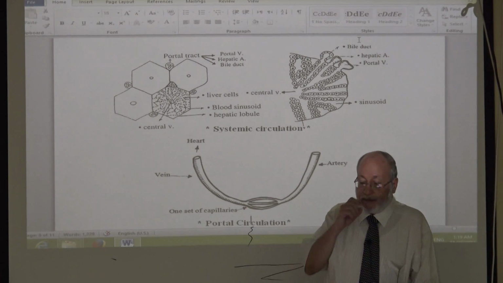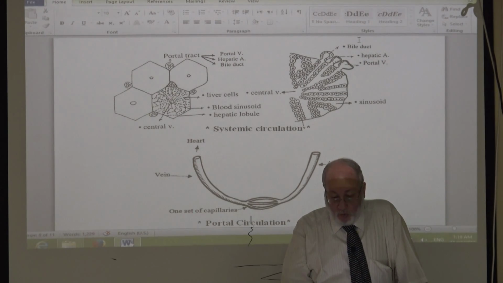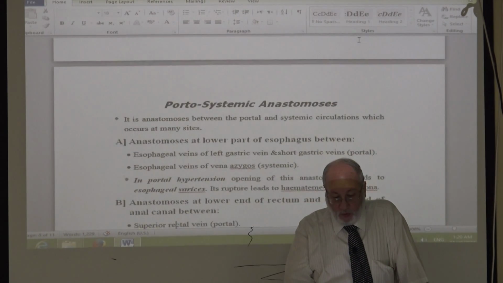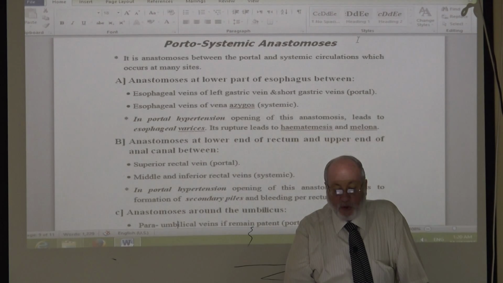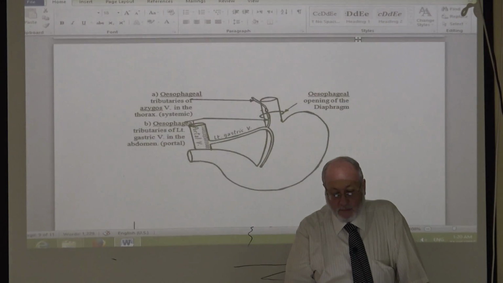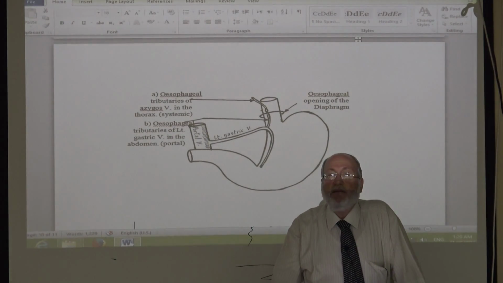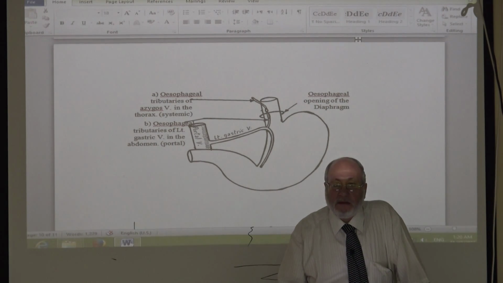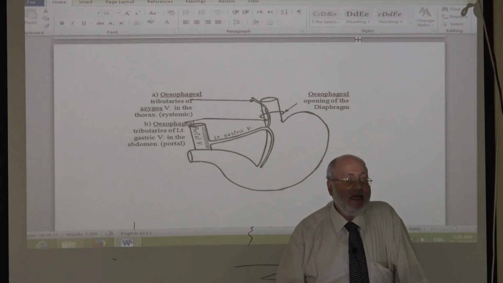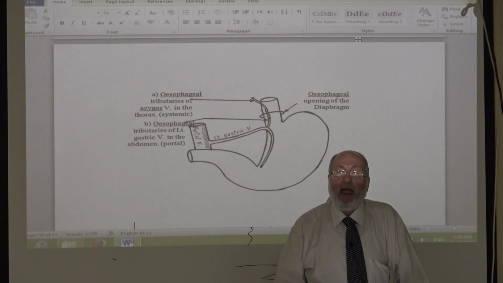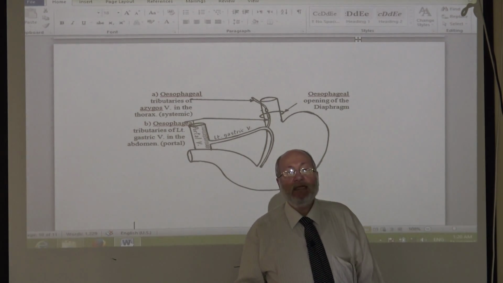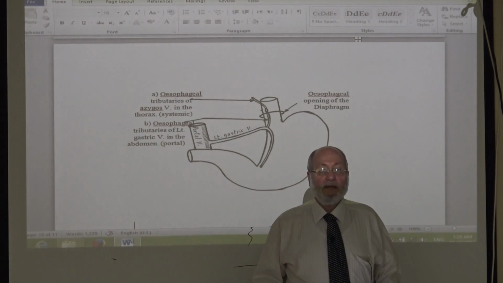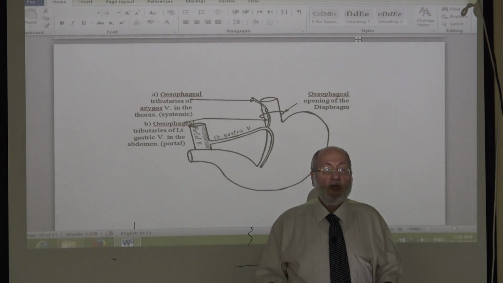If portal hypertension occurs, the body will compensate for this high pressure by what? By opening of portal systemic anastomosis. As we all know, a normal human being lives with only 10 to 20% of their blood vessels.